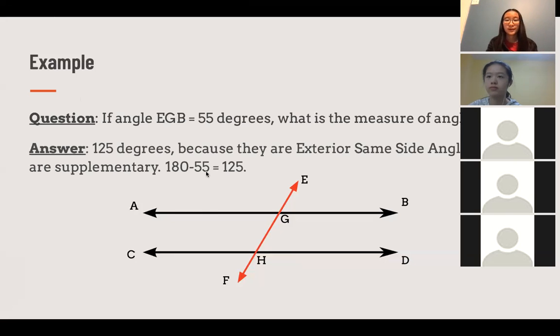Good job. The measure of angle FHD is 125 degrees.